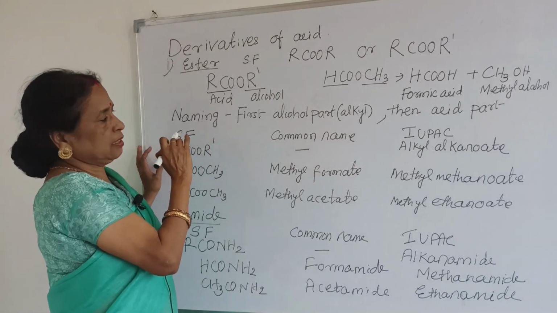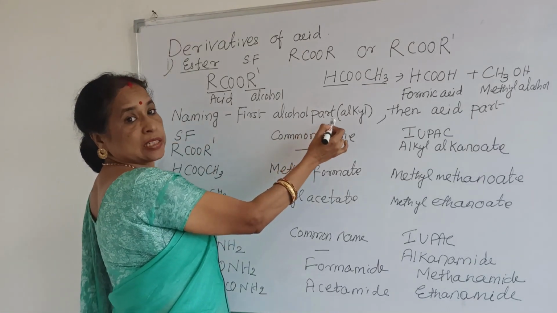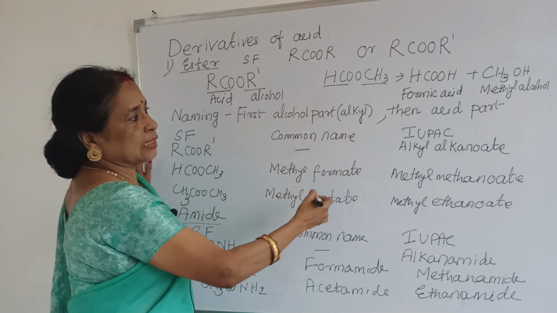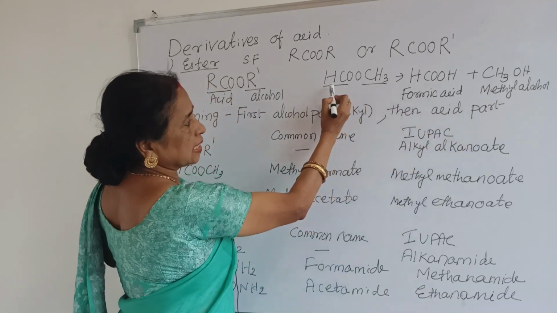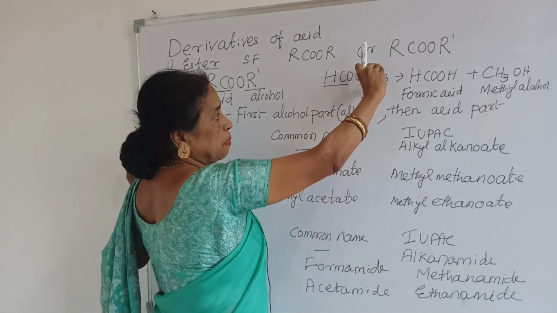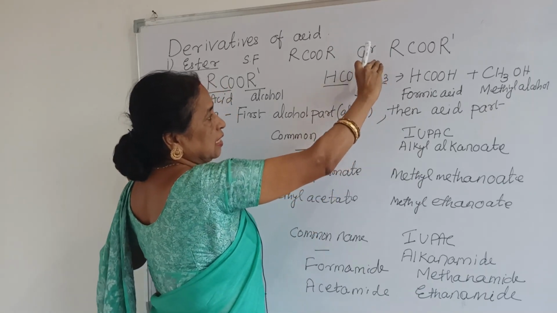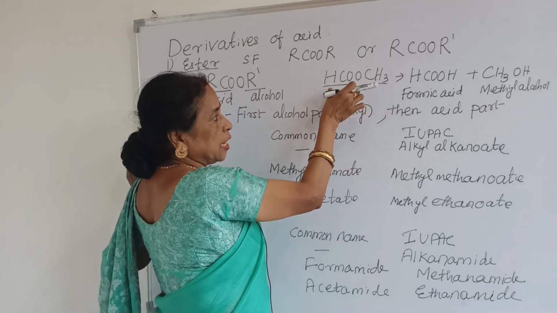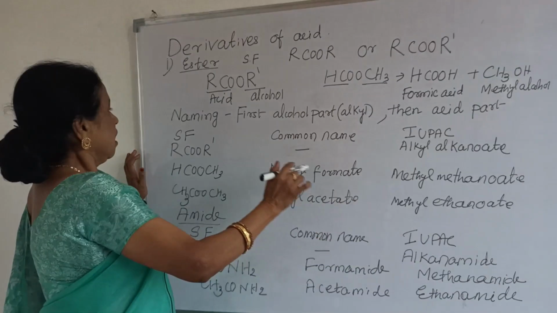When you are naming, first the alkyl part is named, after that the acid part. Let us see here, this is the alcohol part, so the name is first methyl, then which acid? This one, formic acid, then you will name this one next.